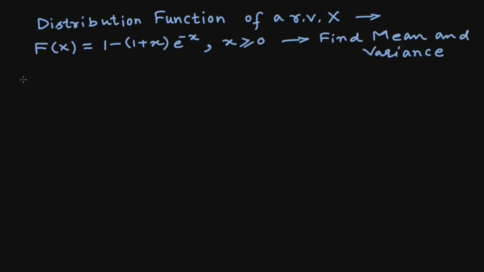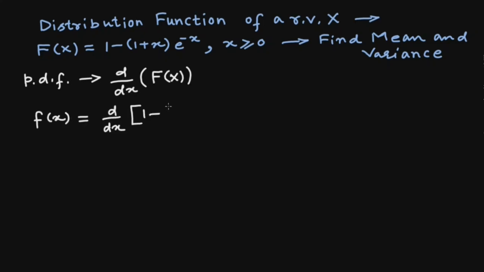We can find the probability density function by differentiating the probability distribution capital F(x). You will learn about this in my earlier videos on distribution function, whose links I have given in the description box.